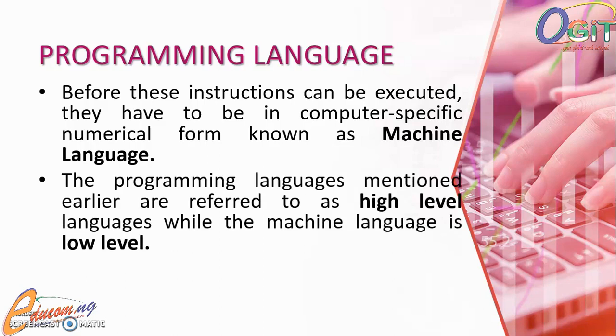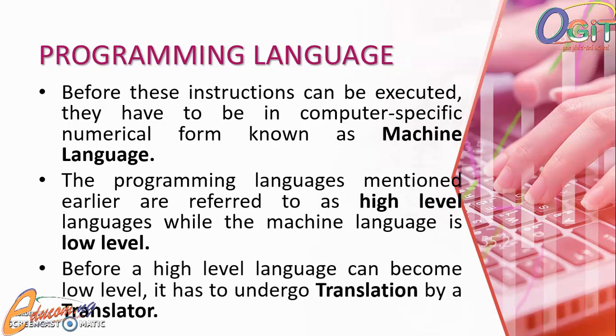The programming languages mentioned earlier are referred to as high-level languages, that is, Pascal, C++, C, etc. Those are high-level languages, while the machine language is low-level. Before a high-level language can become low-level, it has to undergo a process called translation, and the device and the software that does this is known as a translator.